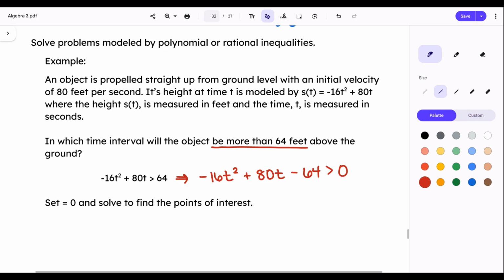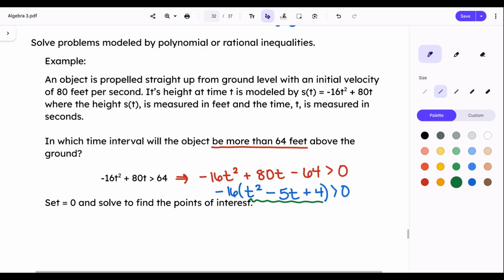That's going to make my polynomial a little bit simpler and maybe easier for me to work with. I'm also going to just take out the negative. That way I'm not having to deal with a negative t squared term. So if I take out a -16, I'm left with t squared minus 5t plus 4, and that's greater than 0 still. Okay, this is going to be a lot easier for me to work with when I'm trying to solve it. So we're going to try to factor this.